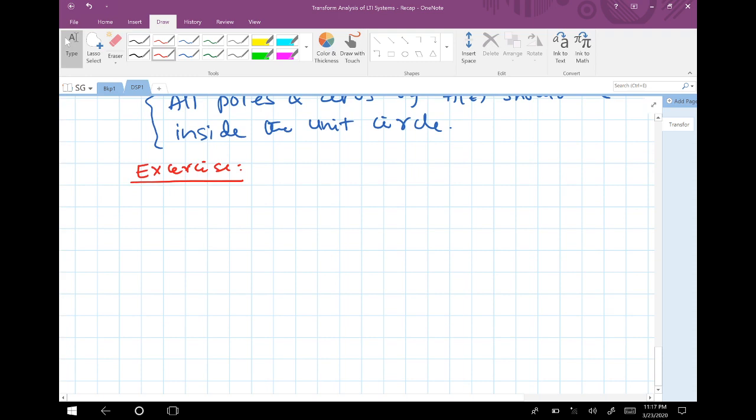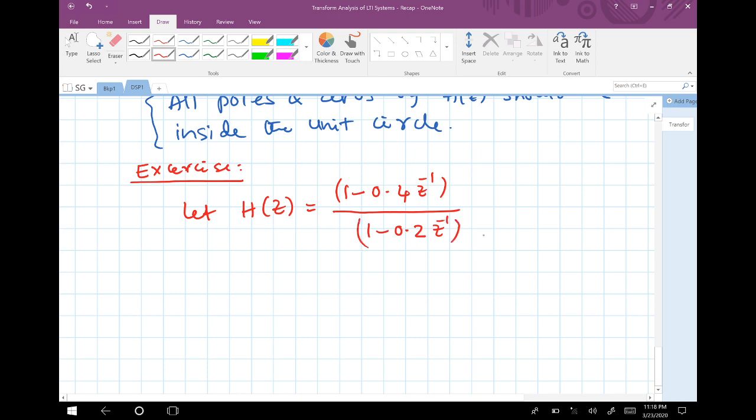Let the rational function H(z) be given as (1 - 0.4 z^-1) / (1 - 0.2 z^-1), with the ROC being |z| greater than 0.2. There is only one pole, and if it has to be stable and causal, the ROC has to be greater than 0.2.